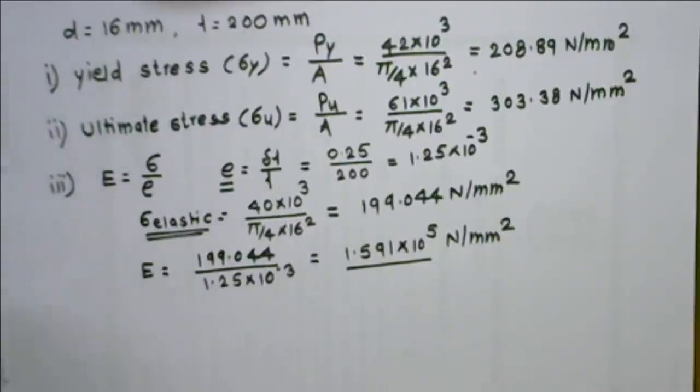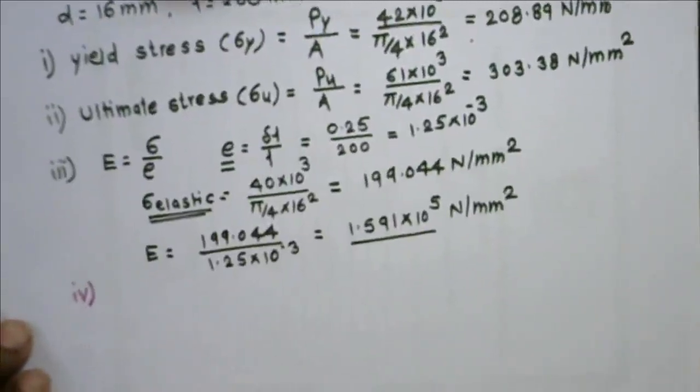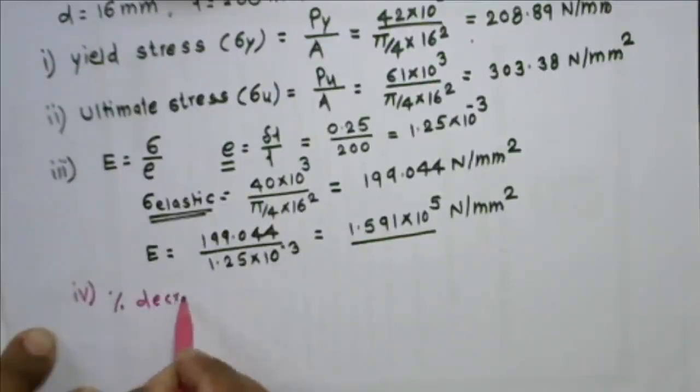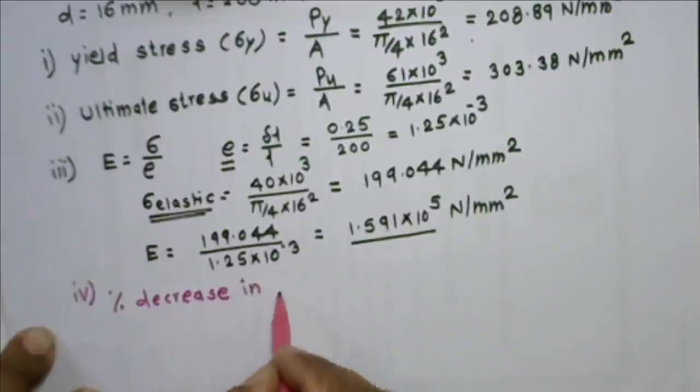Now move to the next, that is fourth: percentage decrease in area.